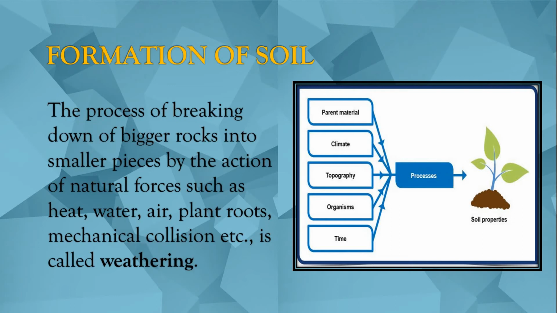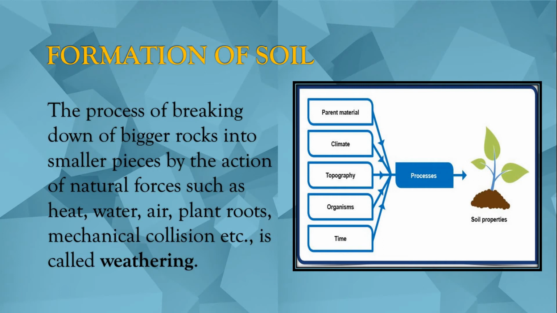As time passed, these rocks were broken into smaller pieces by violent earthquakes. Over thousands of years, these smaller pieces of rocks changed into soil under the combined effect of heat, sun, water, wind, roots of plants, and mechanical cohesion, etc.